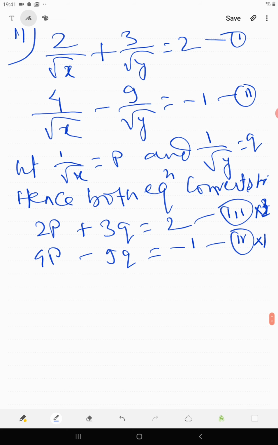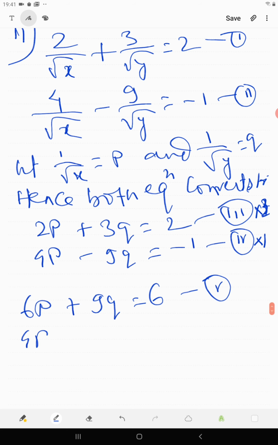Please don't get confused. So it will reduce to 6p plus 9q equals 6. So the whole thing is multiplied by 3. I'll write it as, suppose, 5. And then the last one, you can write it as 4 also, or you can change it because I'm multiplying with 1. It's fine.